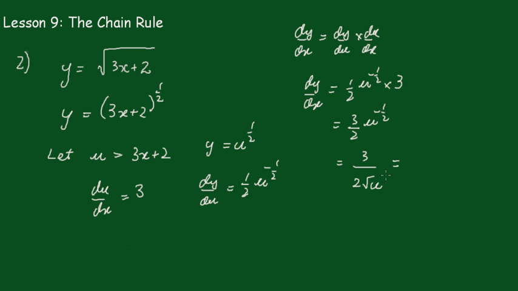And don't forget to replace the u with the 3x plus 2, and that's equal to 3 over 2 root (3x plus 2).